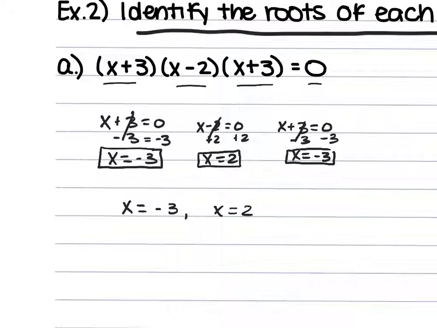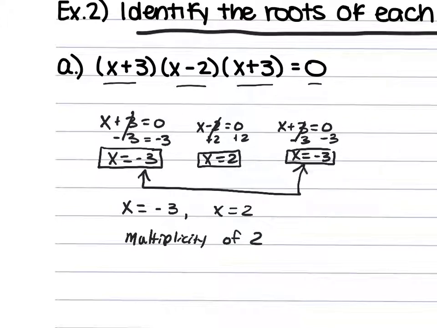However, there is a multiplicity of 2, meaning something is happening twice. This one and this one is happening twice at x equals -3. It just means that -3 appears as an answer 2 times.